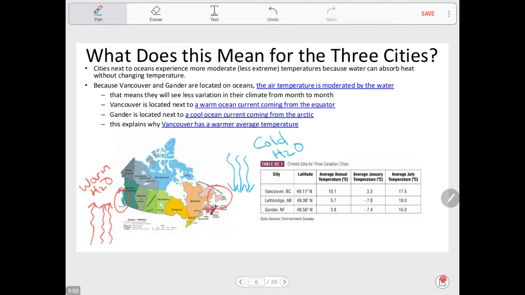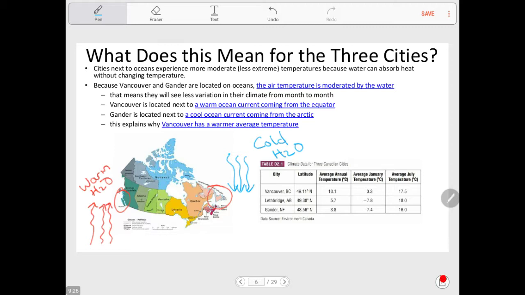Therefore, it's going to cool the temperature in eastern Canada. Okay, so water really seems to dictate the amount of energy in the air. And as you know from science, energy always transfers from hot to cold. So on the BC side, the water is going to hold energy, which is going to be transferred to the air.